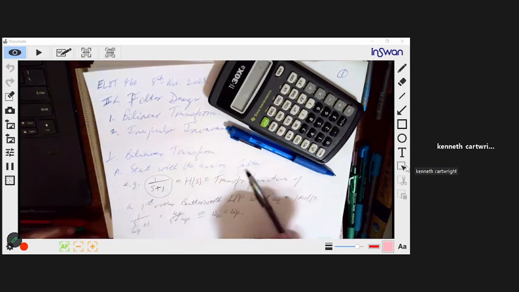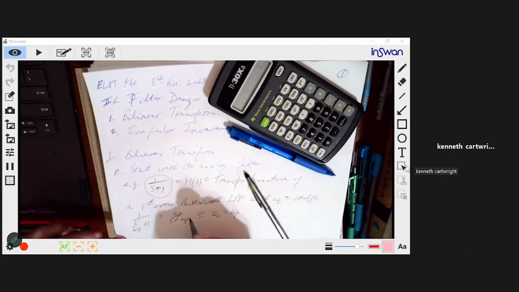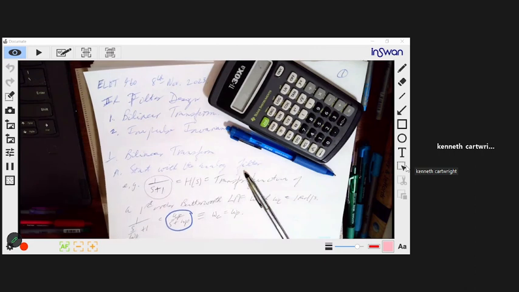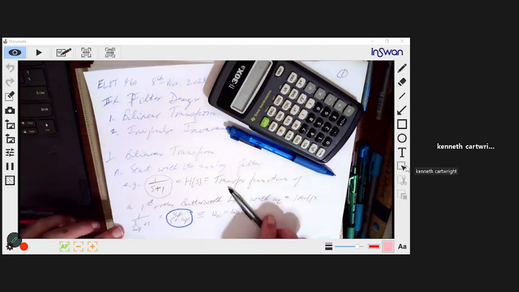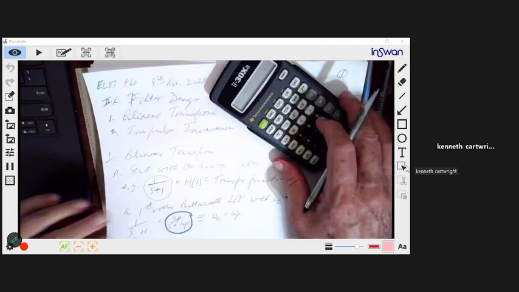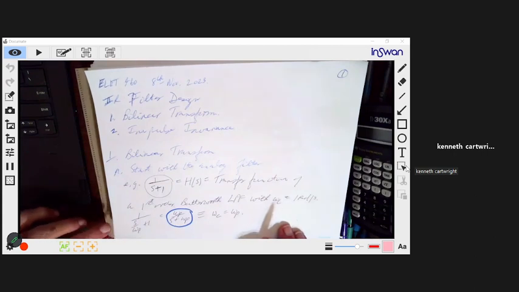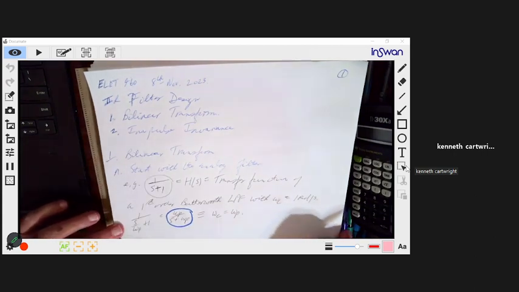So the idea of the bilinear transformation is we take this function of s, and where we have s, we replace it with a bilinear transform. I'm going to go to the next slide and tell you about the bilinear transform.